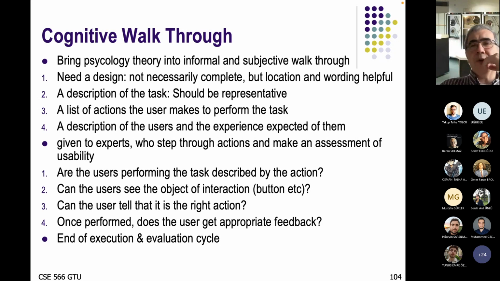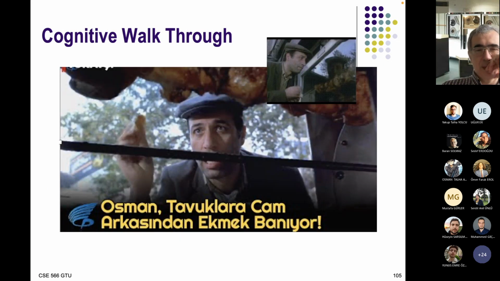So cognitive walkthrough is doing experiment without actually doing it. My famous example is this. So in this case, Kemal Sunal is cognitively walking through the experiment.